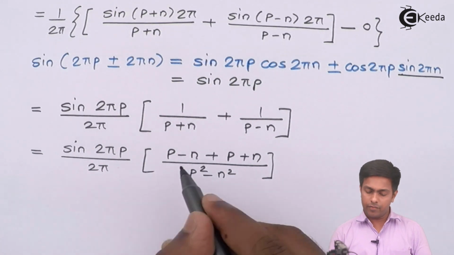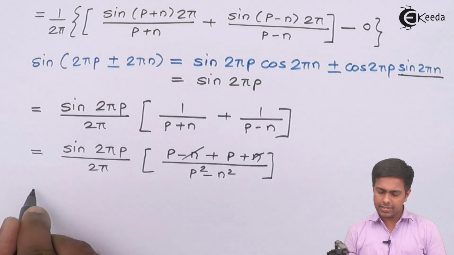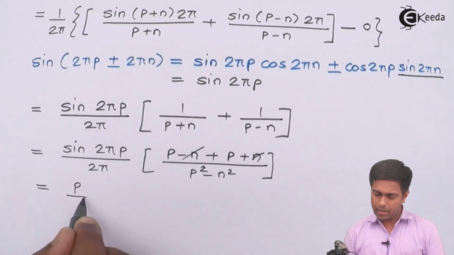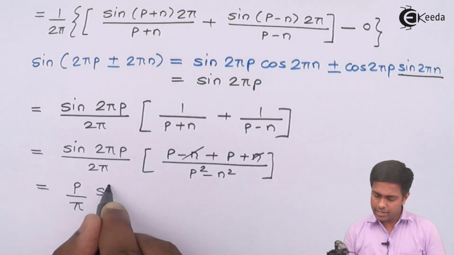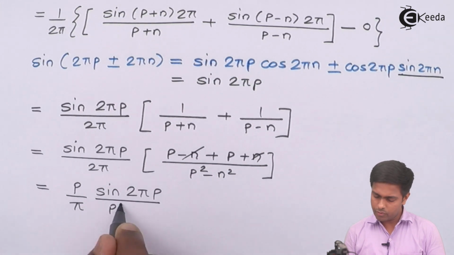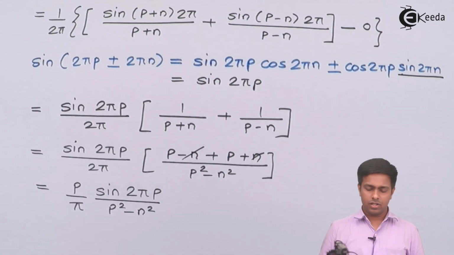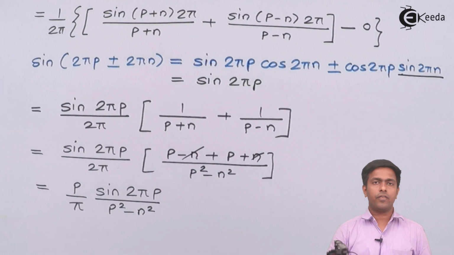So here n will be cancelled, we'll get 2p, and in 2p, 2 and 2 will be cancelled, so we will get p by pi sine of 2 pi p upon p square minus n square as the value of an. So guys, here we got the value of an.